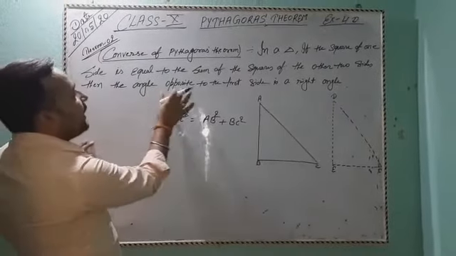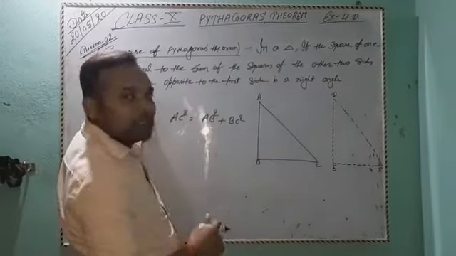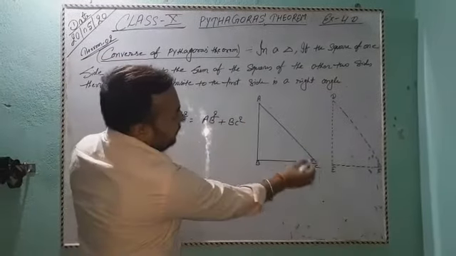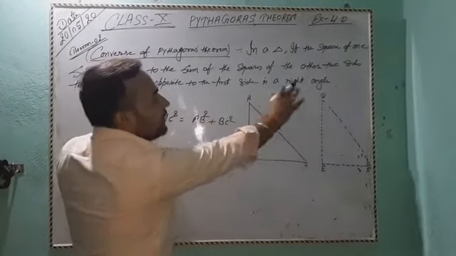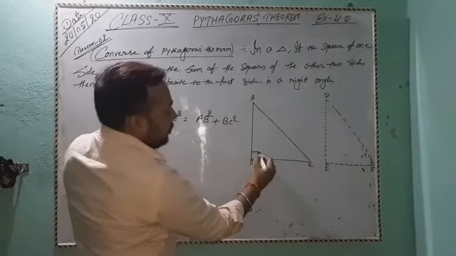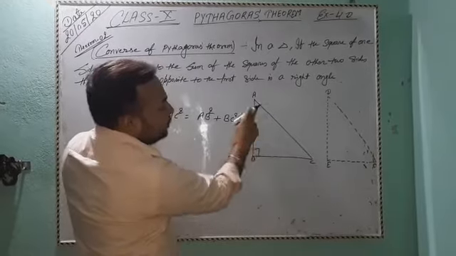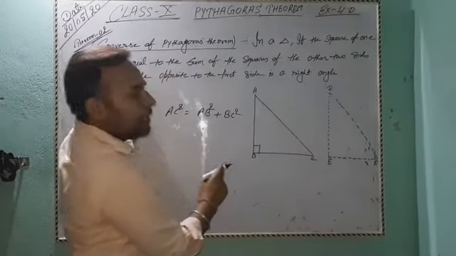Then the angle opposite to the first side, students, the first side is AC, is a right angle.